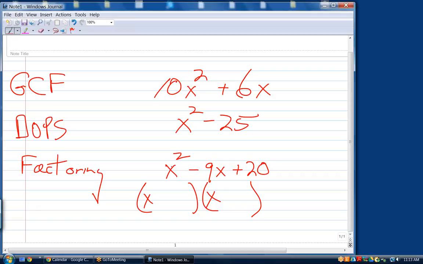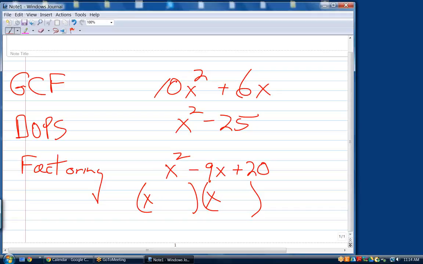Now, it's easy when it's just x squared. It always splits apart into x and x. It gets tougher when there's a coefficient here, because if I put a 4 in front, it might split apart into 2x times 2x, but it could split apart into 4x times 1x. So whenever you get numbers other than 1, these problems become more difficult.